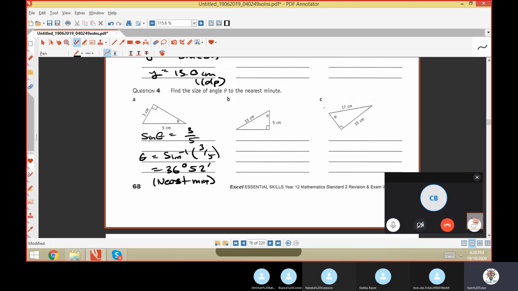You have to isolate theta, bring the sine across, okay? Sine inverse. You always sine inverse when you're trying to find an angle. Whenever you're trying to find that little letter there, always sine inverse or cosine inverse and tangent inverse, okay?